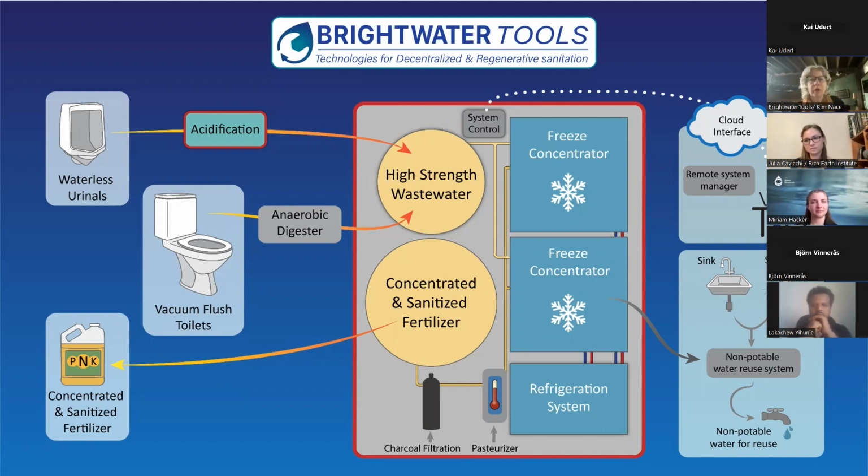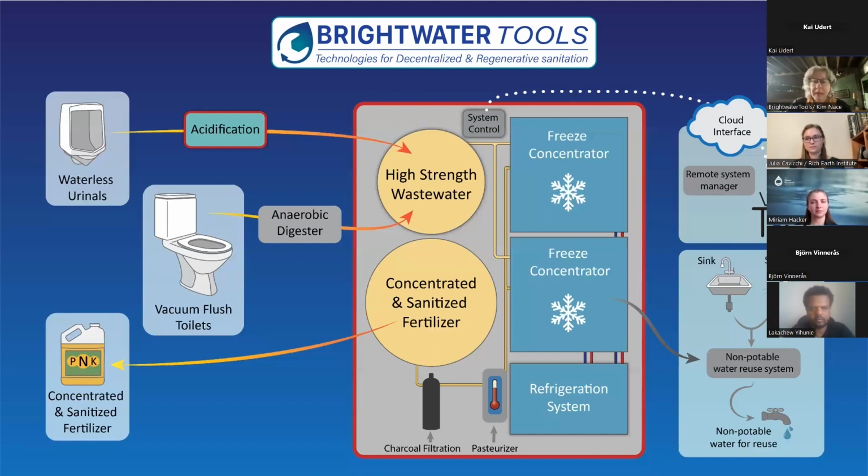We're also working on our main core treatment technology, which is unique, I think, to all the other presentations we've seen so far: our freeze concentrator. We're using this method to take the water back out of urine, because that will definitely reduce storage needs and increase the distance fertilizer can be transported for that life cycle assessment.